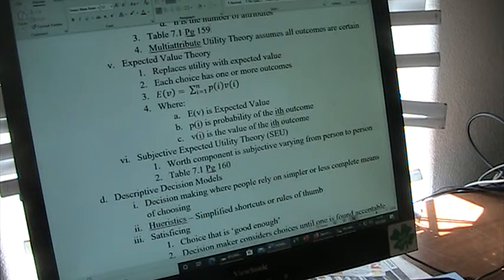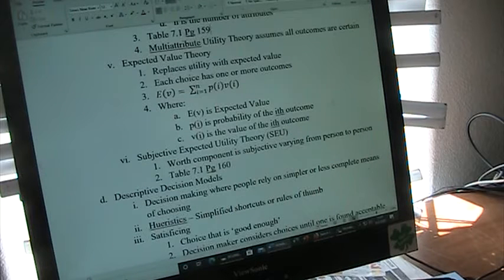In statistics class, we talk about expected value. And I went over expected value theory there, talking about winning the lottery.